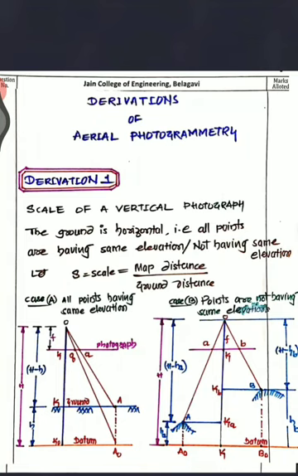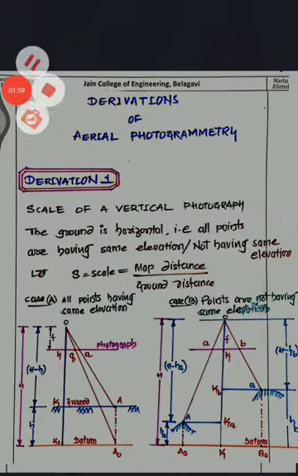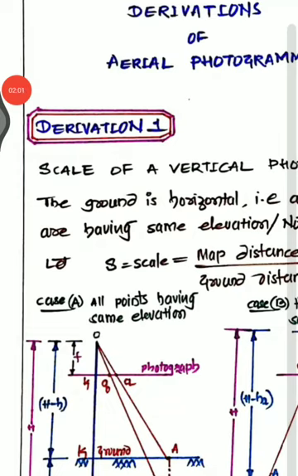Now if you see this figure 1, we have a ground point A, and the distance between the datum and the ground will be h. Here capital K stands for the principal point on the ground, whereas small k stands for the principal point on the photograph. Here you have to understand two things.